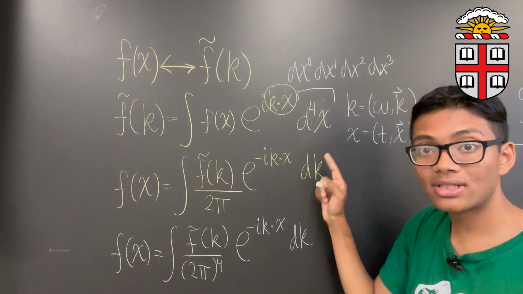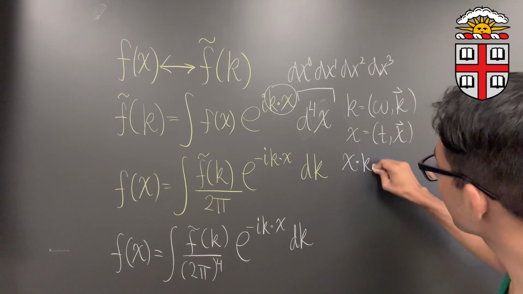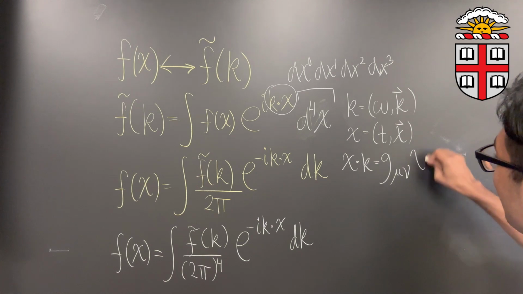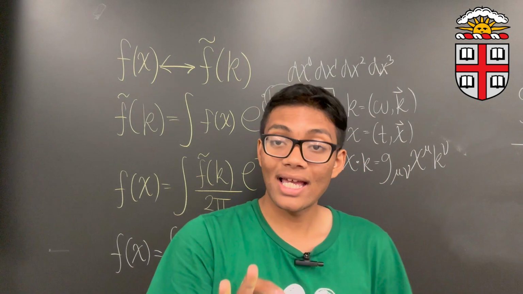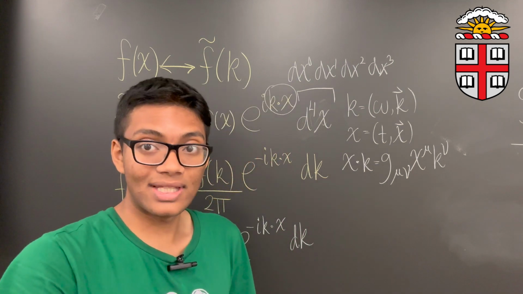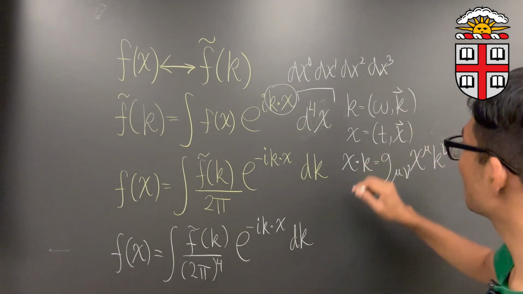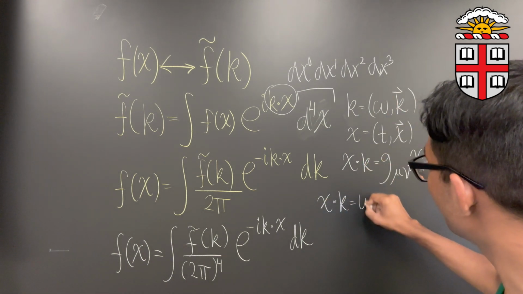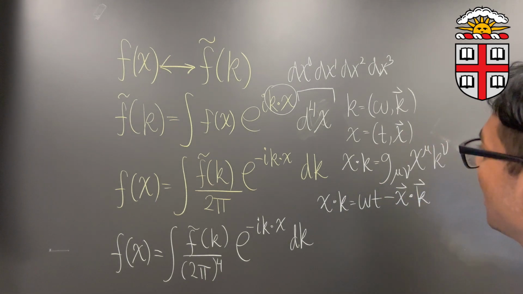So now when we take their dot product, remember, the dot product of two 4 vectors is not the regular dot product of 2 vectors. It's g mu nu, x to the mu, k to the nu. And g mu nu has negative components for the spatial parts, at least in the metric we're using. And so this is going to give us omega t. So x dot k is omega t minus x dotted with k.